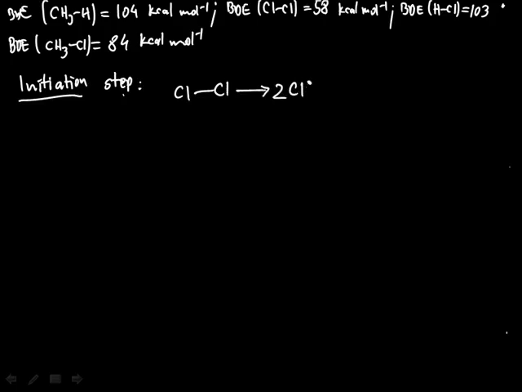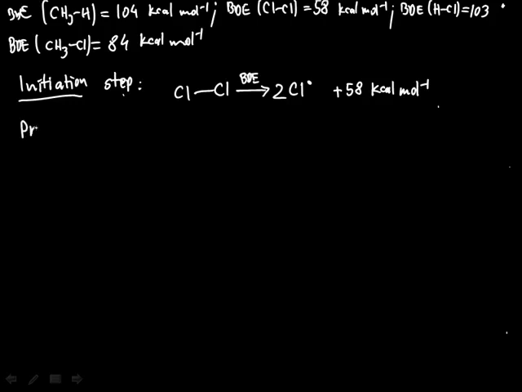The bulk of the reaction energy balance comes from propagation, and very little comes from initiation and termination steps, because these are events that don't happen on a regular basis but only once in a while. But anyway, this bond dissociation energy is basically just the bond dissociation energy of chlorine. Obviously energy input is needed, so this is plus 58 kilocalories per mole. And this energy is provided by light, so this is unfavorable.